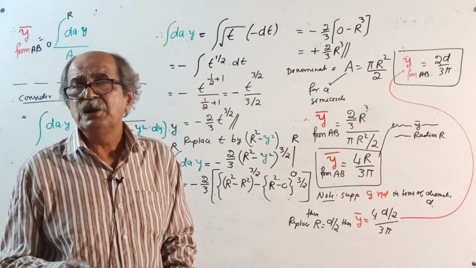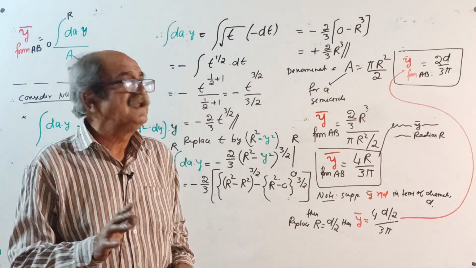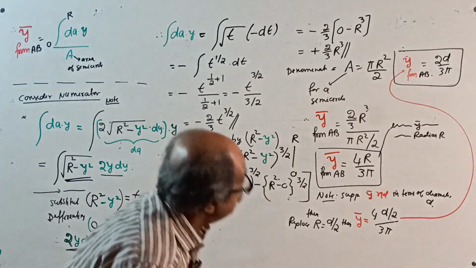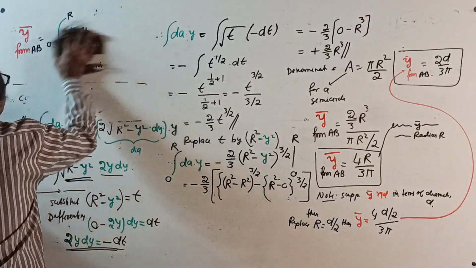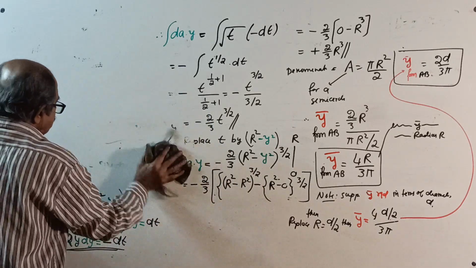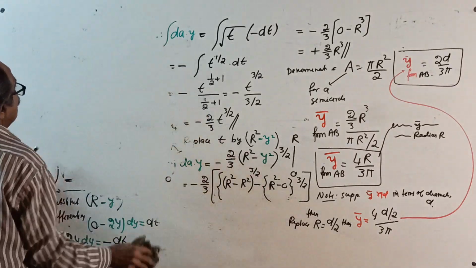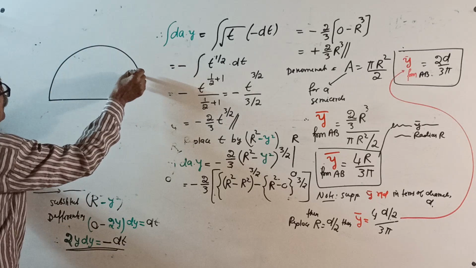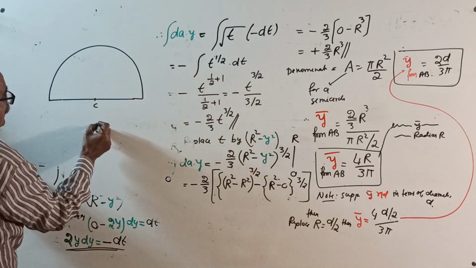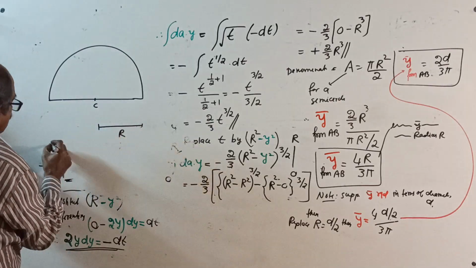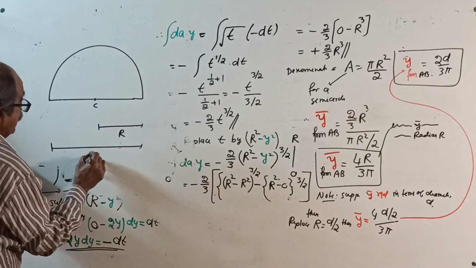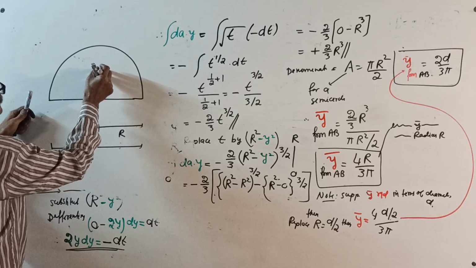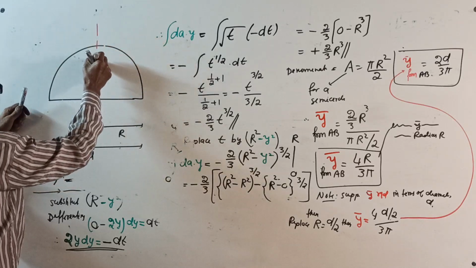Then lastly, we will write the final result. Or if you are that much eager, you can do one thing. Okay, no problem. Put a result. Therefore, for a semicircle, this is a center, this is radius r, this is diameter d. Centroid is here, G. This is axis of symmetry.